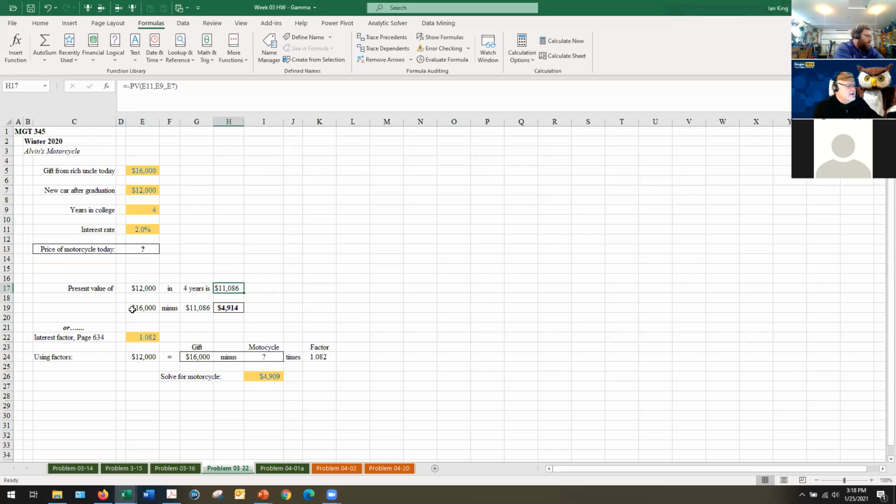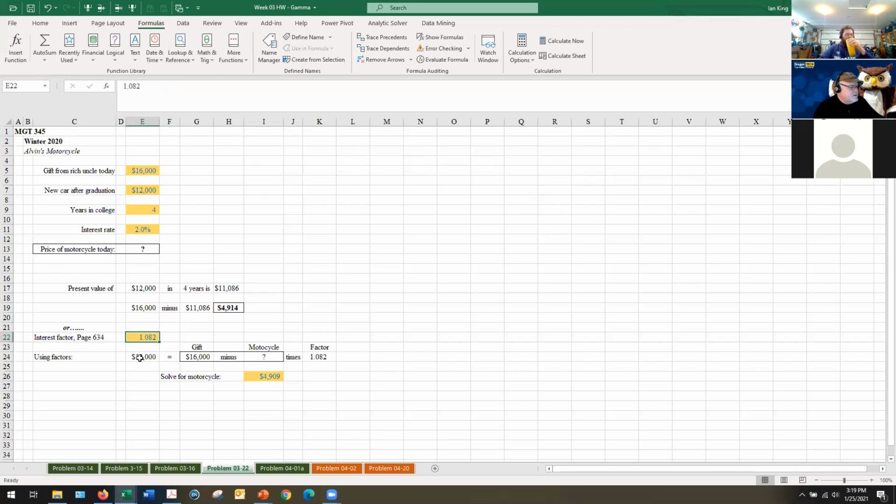Okay, so you get an equivalent. Step one is getting that equivalent for today. Then the $16,000 minus that, the 4,914, is what you can put into his motorcycle. Again, if you want to use interest factor rates, you can still do 1.082 from page 634.